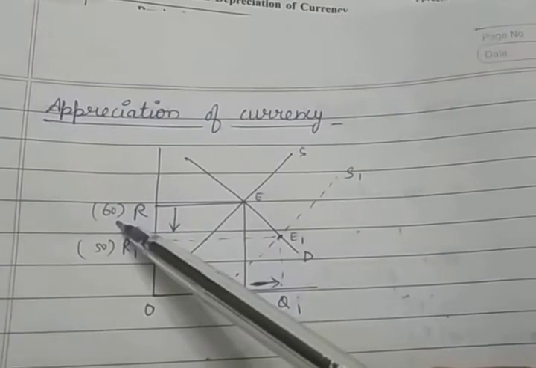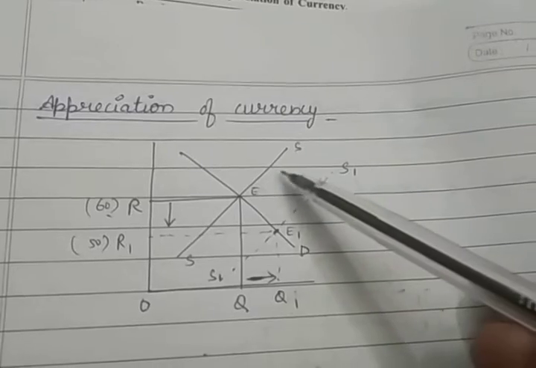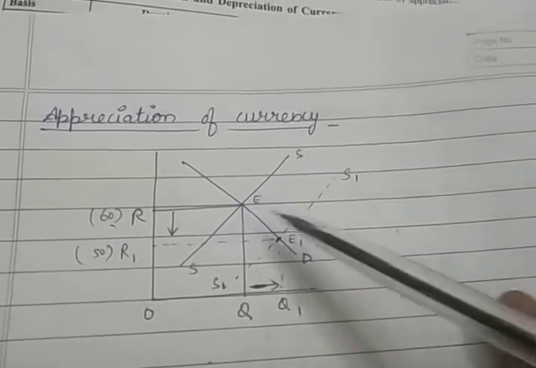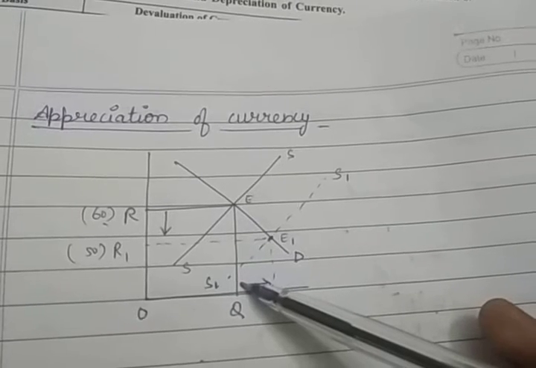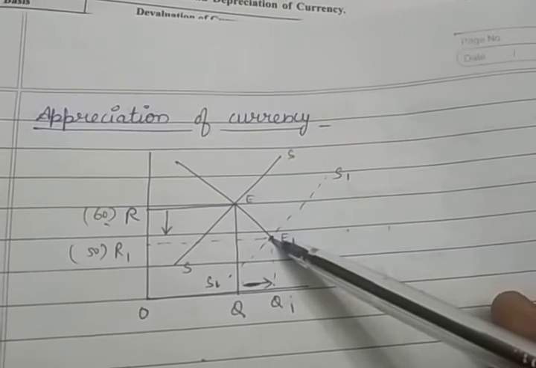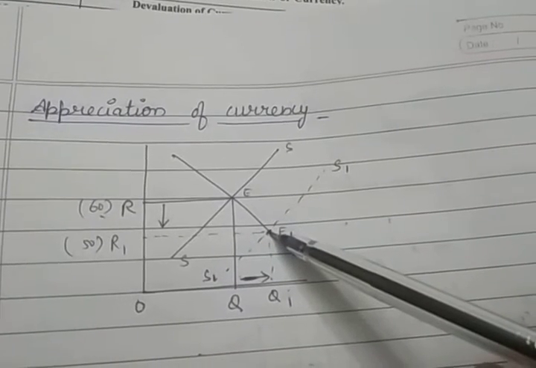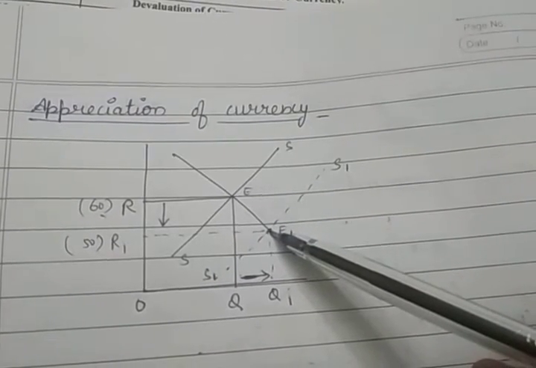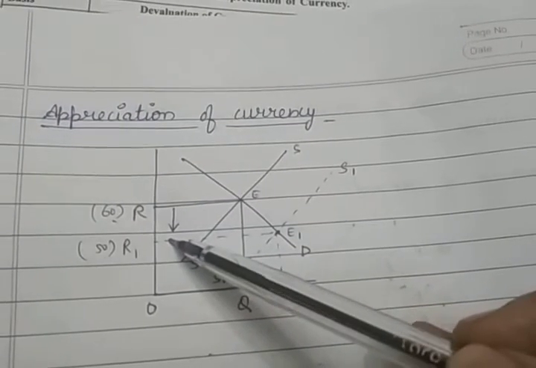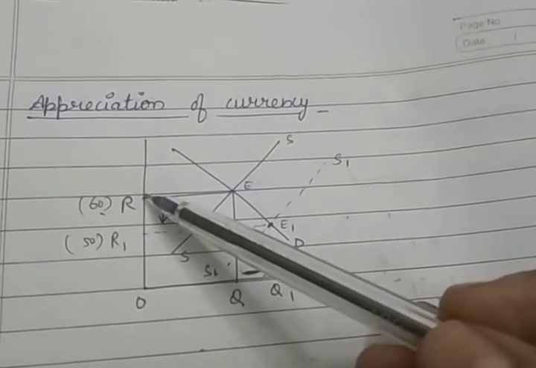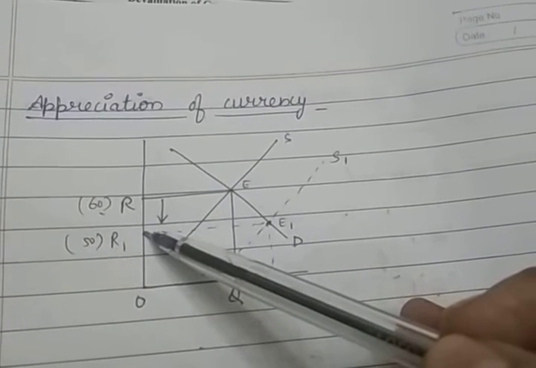So an increase in the supply of US dollar will cause the supply curve to shift from SS to S1 S1, and the resulting intersection will be at the lower exchange rate, that is E1. So it means the exchange rate will fall from OR to OR1. That means from $1 equals 60 rupees to $1 equals 50 rupees.